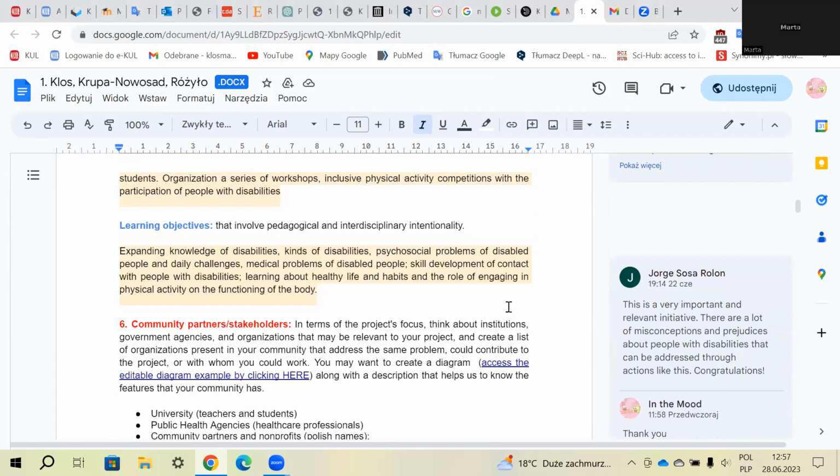Next, we have some learning objectives. Of course, expanding knowledge of disabilities, kinds of disabilities. It could be good to know about some kinds of disabilities among our students and teachers, and then some workshops from students to disabled people.